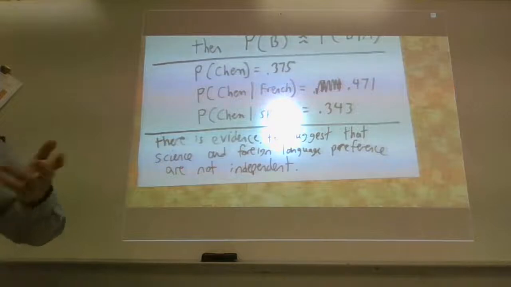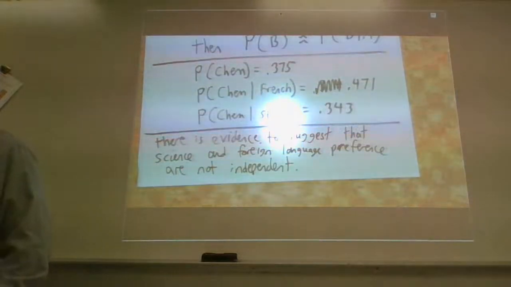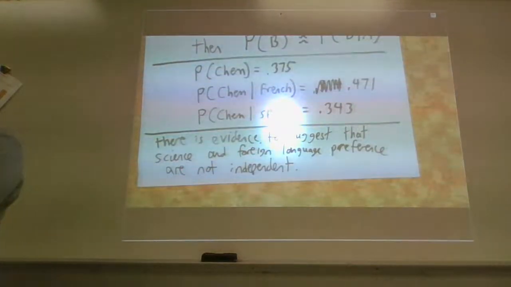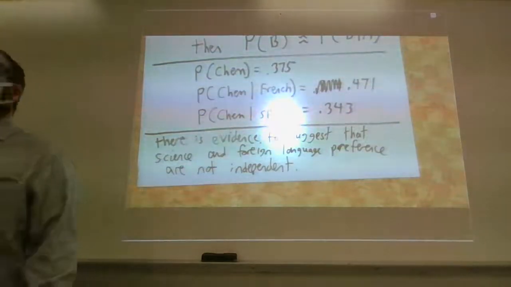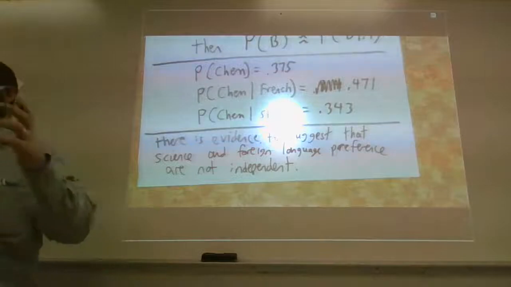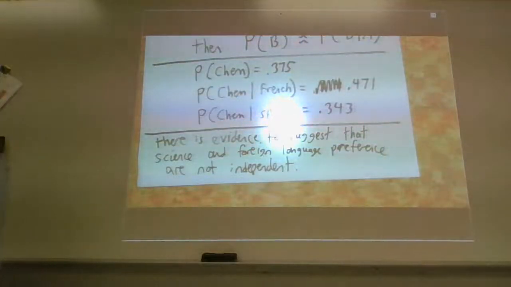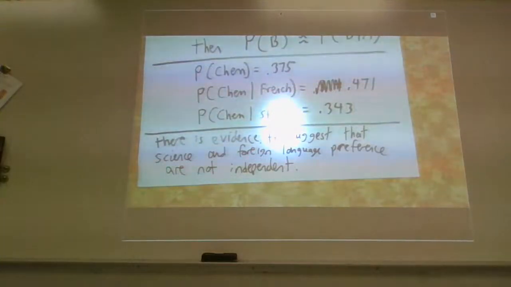Guilty or not guilty. Notice they didn't say innocent. In this case, it's either independent or not independent. We can't proclaim dependence, unfortunately. And even then, we're only saying we have evidence to suggest it. We're not saying that they are.